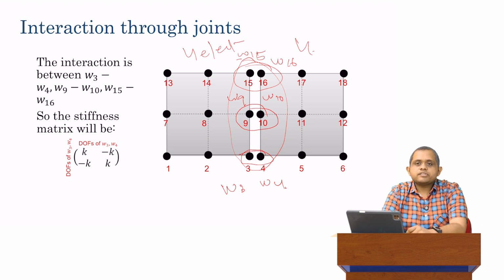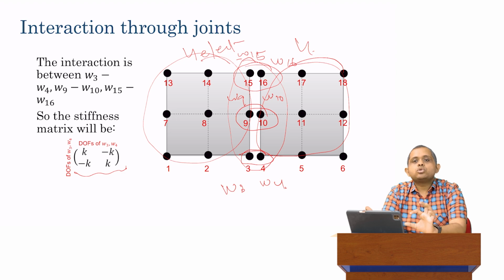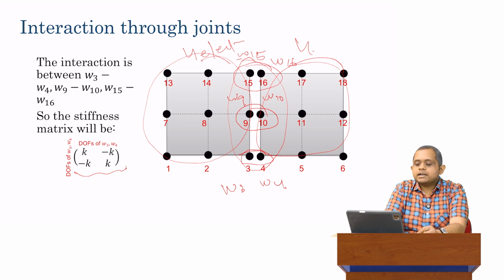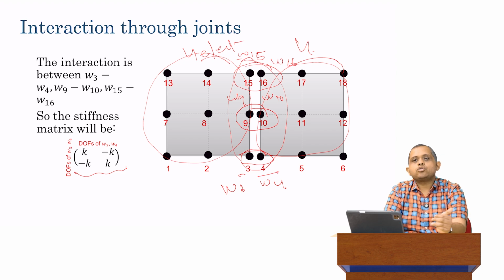So what is this interaction? Well, the interaction is defined by this stiffness matrix, which we saw previously. This is the spring stiffness matrix. And so if I have the global stiffness matrix, which connects these 4 elements with each other, as well as with the 4 elements here, to that global stiffness matrix at degree of freedom 3 and degree of freedom 4, that is on row 3 column 4 and row 4 column 3.